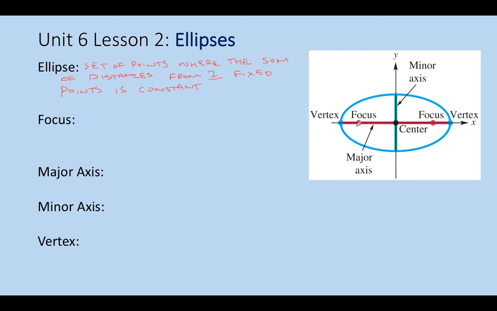And so you can probably guess what those 2 fixed points are called. Those are called the focus, or the foci, just like they were before. So these are the 2 fixed points.